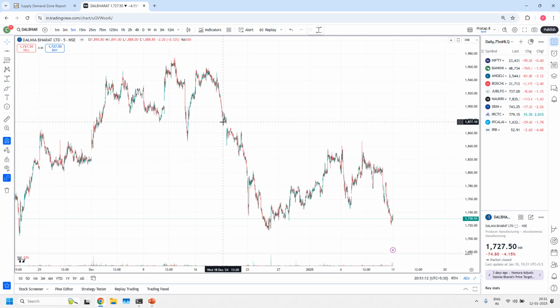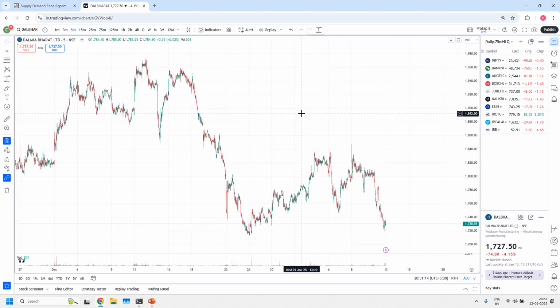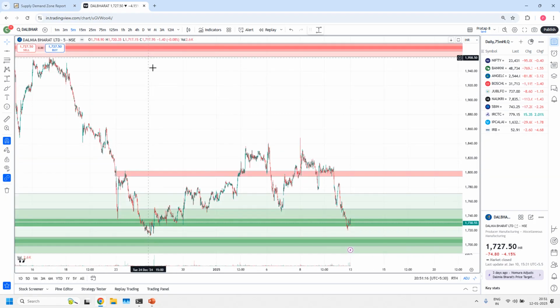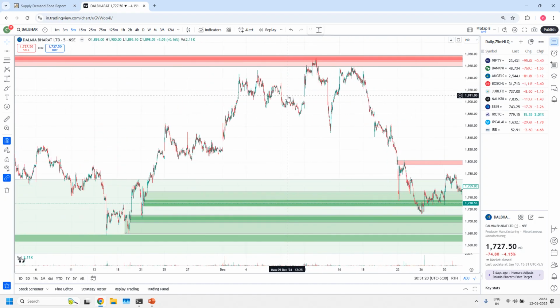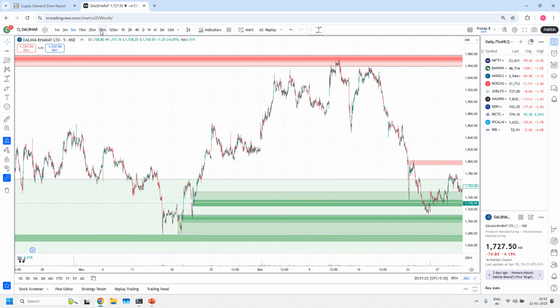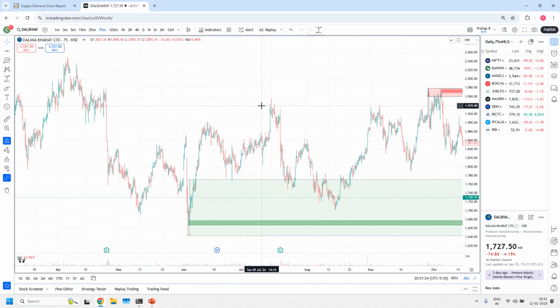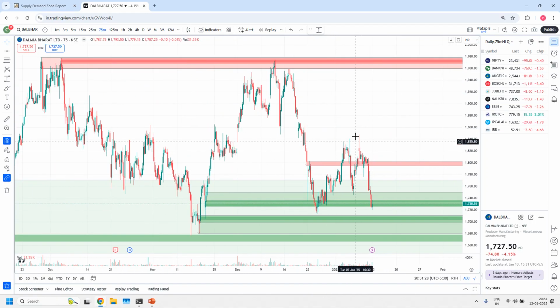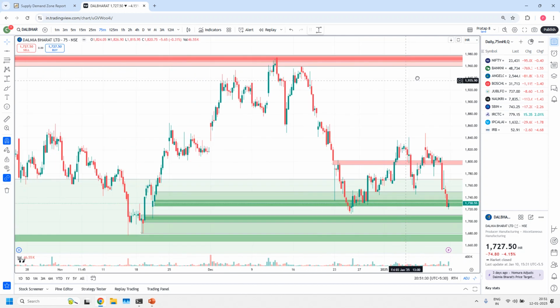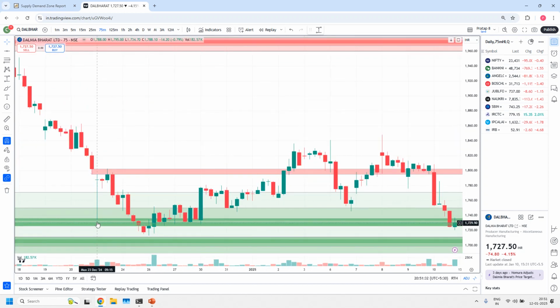So Dalmia Bharat, it's the 75 minutes time frame. Previously we have drawn several zones. See, the fine-tuned zone picked up the orders and sharply moved up.